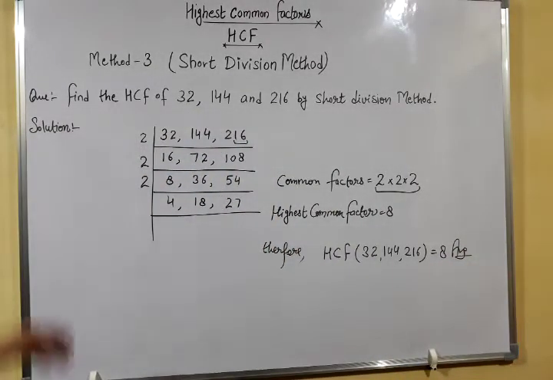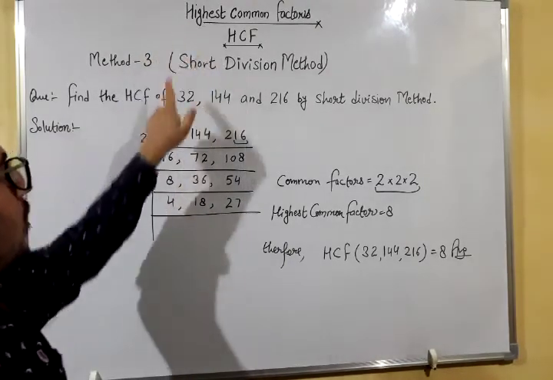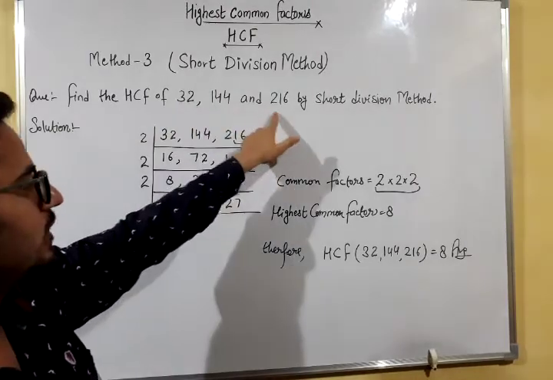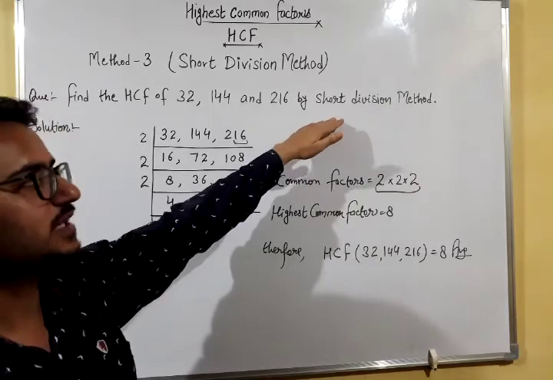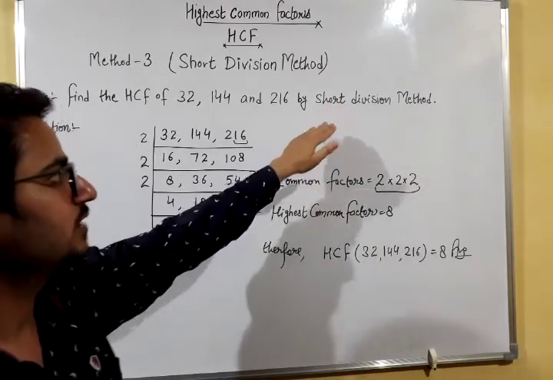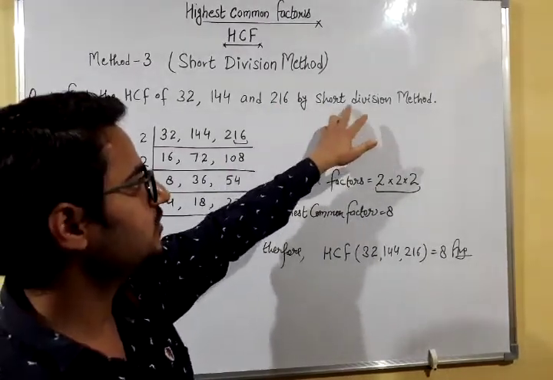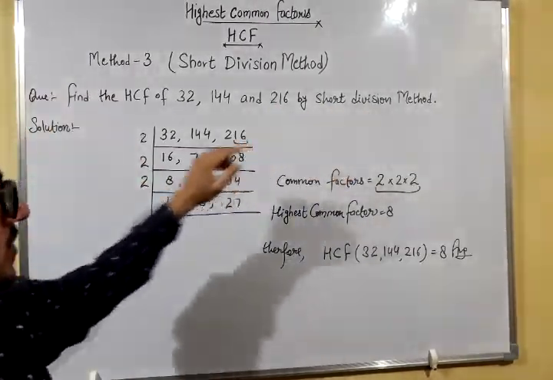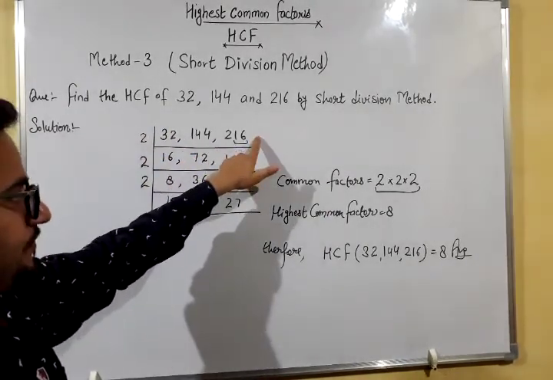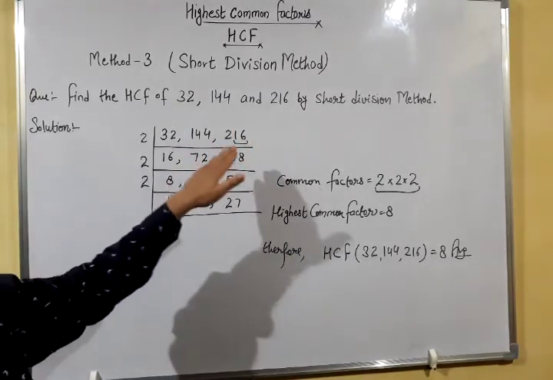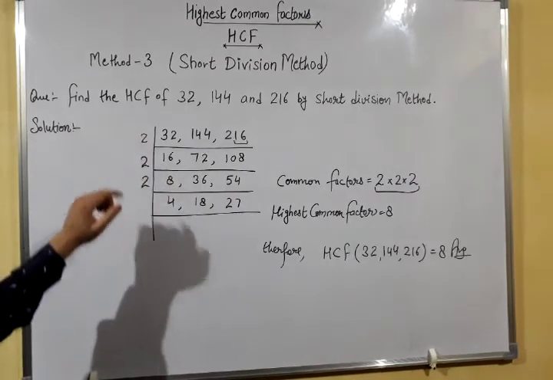What we have studied in this video: we have found the HCF of 32, 144 and 216 by short division method. As its name suggests, we will not divide the given numbers completely because it is a short division method. In this method, we will write the given numbers in ascending order, or we can write in descending order also. There is no hard and fast rule for this.